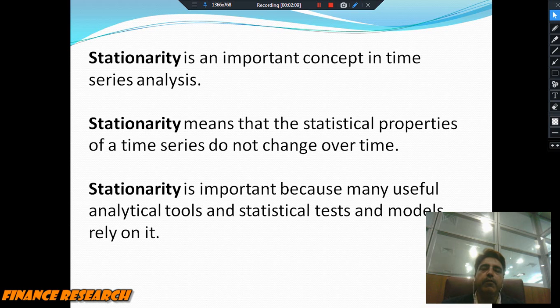So we cannot apply, for example, OLS, or ARDL, or some other autoregressive distributed lag models, or vector error correction model, or we will simply apply the VAR. So we have to find out first whether the residuals are ready to rely on these tests or not.